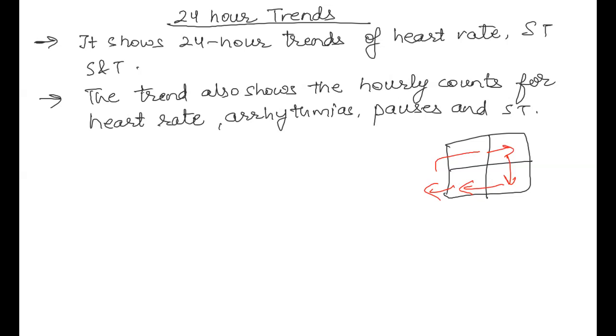This can be recorded by a 24-hour trend using an ECG Holter monitor. It also tells us about the heartbeat in excess and the minimum heartbeat.